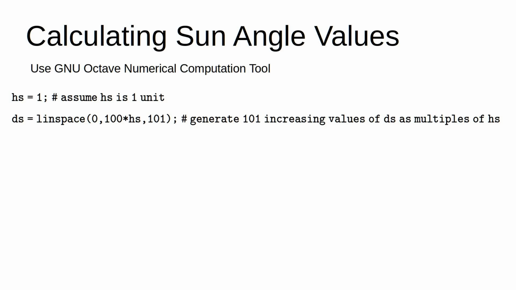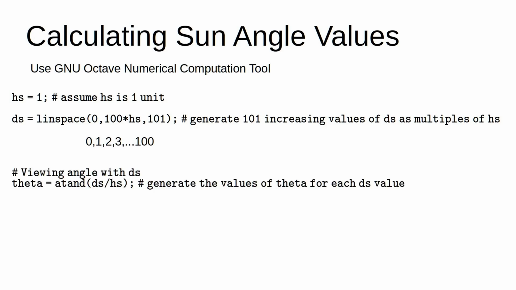Since hs is 1, we generate this set of numbers, which gives ds as a value in terms of hs. That is, the first number represents a distance of 0, the second a distance of 1 hs, the third 2 hs, and so on.